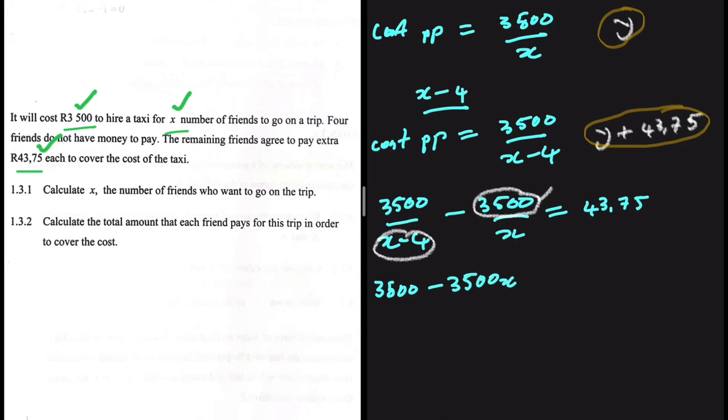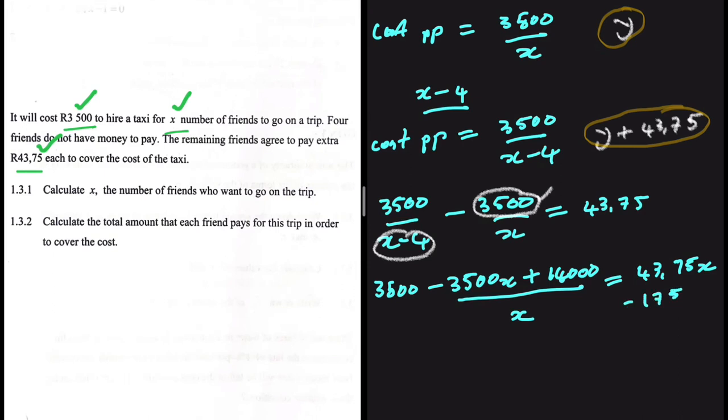And when we multiply it by minus 4, we're going to get plus 14,000. Everything divided by X. This will be equal to 43.75 multiplied by X. So we're going to have 43.75X. If you multiply it by minus 4, you should get minus 175.